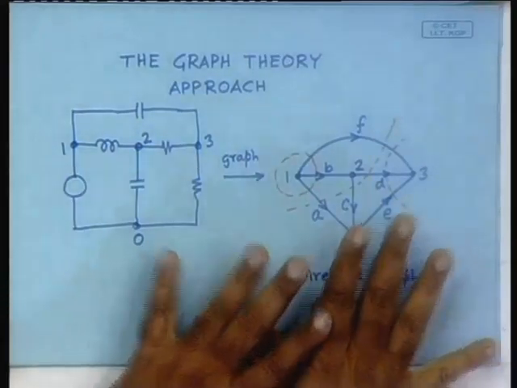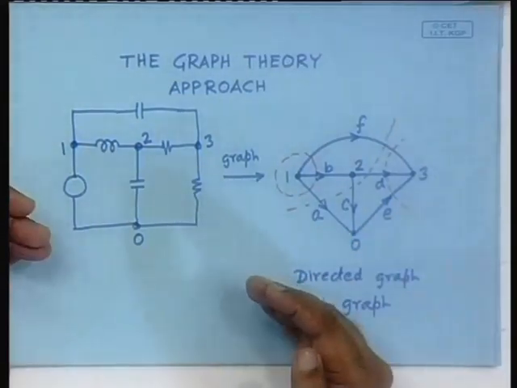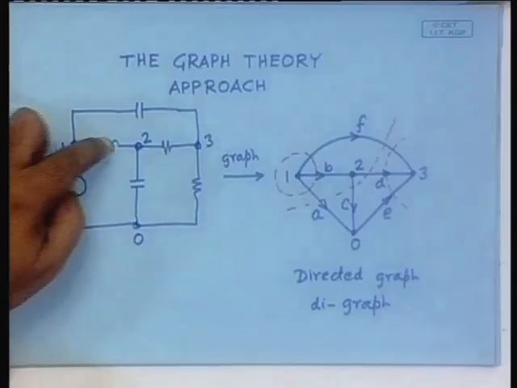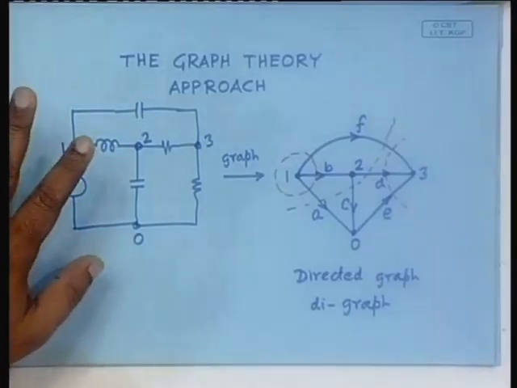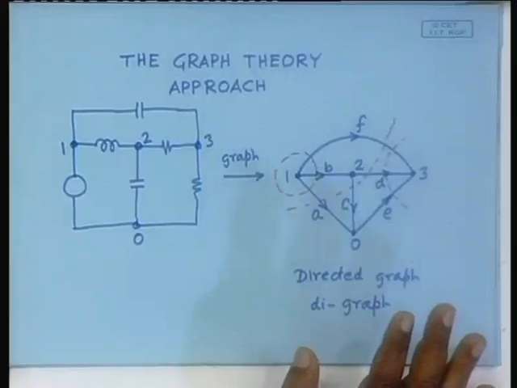Now, on the basis of this concept, we will redefine the Kirchhoff's laws. What does the Kirchhoff's current law say? Earlier when we wrote the Kirchhoff's current law, we said that in each node all the currents entering or exiting sum to 0, right.